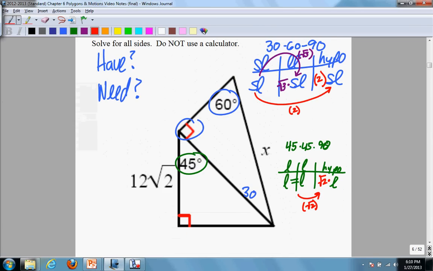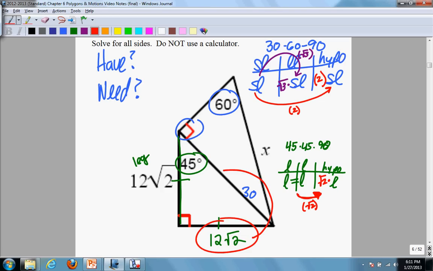So we are given, in a 45-45, one leg here, which automatically means this leg down here is the same. So, of course, it is 12 root 2. Now, we know in a 45, 45, 90 to go from a leg to a hypo, we times by square root of 2. So let's circle this.